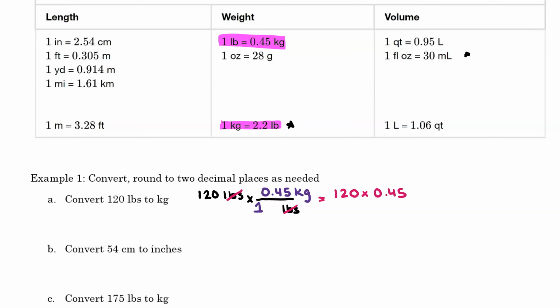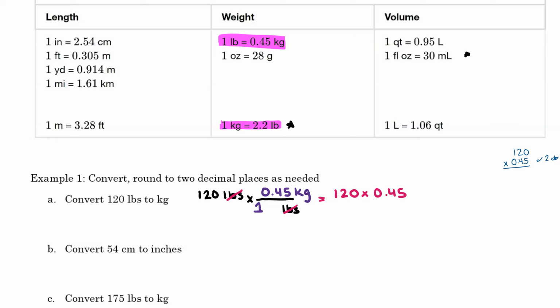So now I have to do this. I'm going to do it the regular way. Let's say 120 times 0.45. Remember, when you're multiplying decimals, you just write the numbers, multiply normally, and then count how many decimal places there are. In this one, that 0.45 has 2 decimal places, so I know in my answer I'll have 2 decimal places.